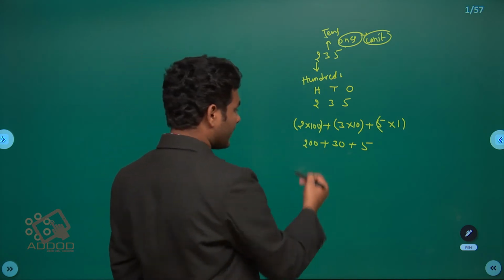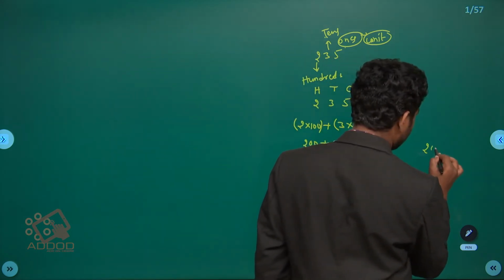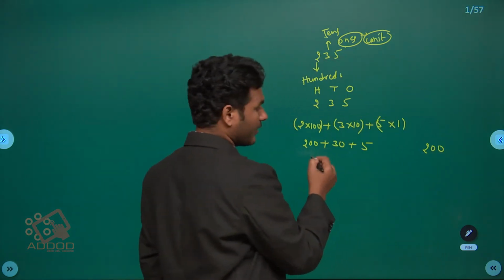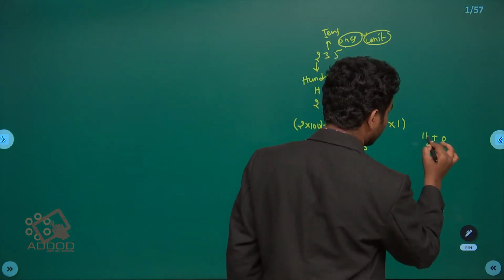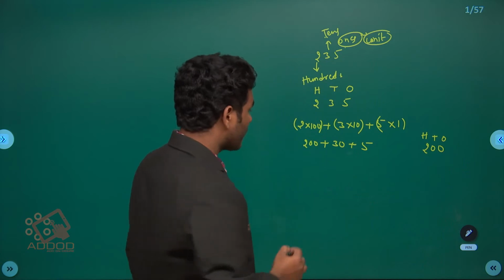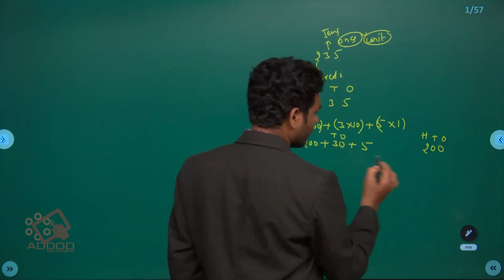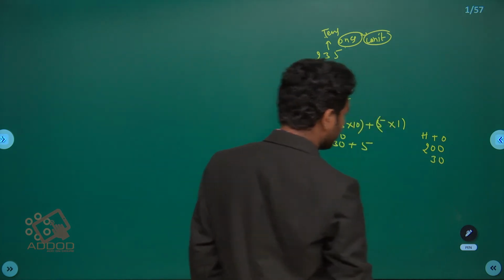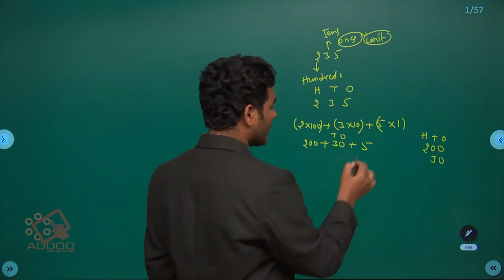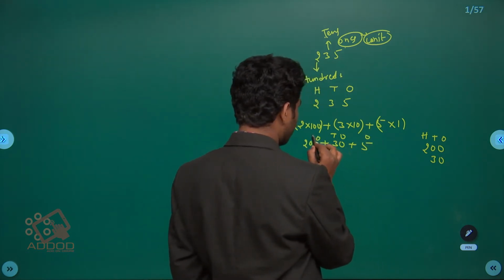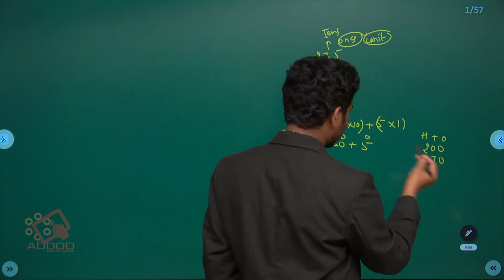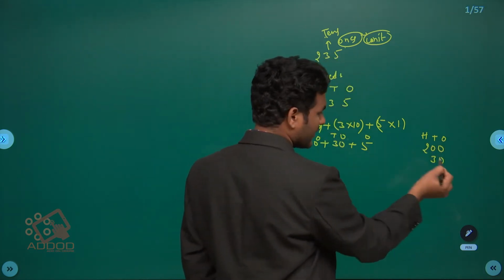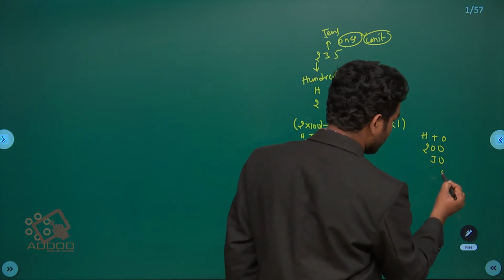So whenever we are writing the values, here we have 200, here only the ones and tens places, and here only the ones place, like this.